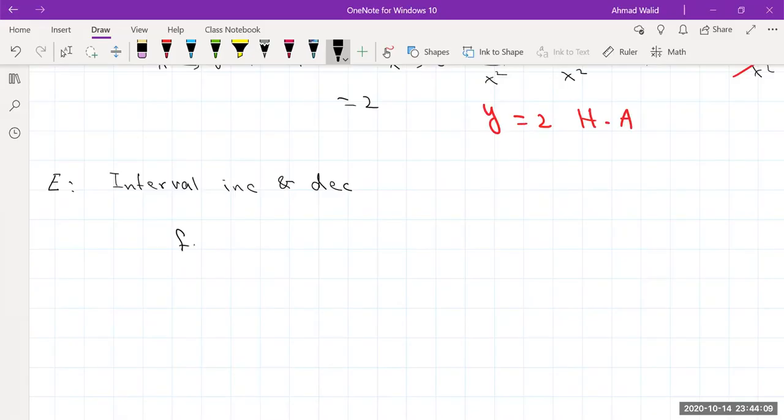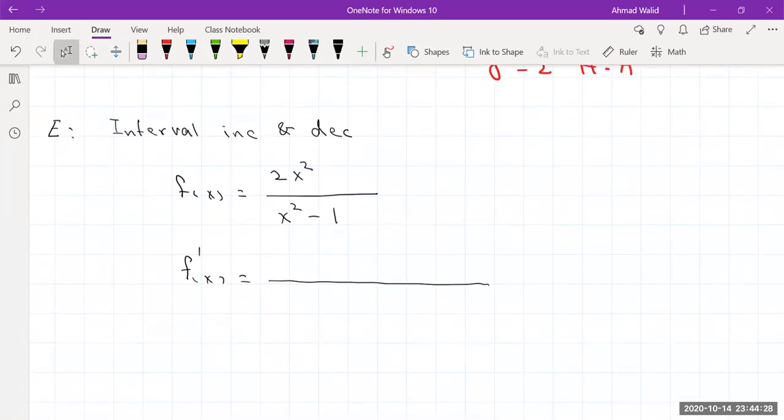Okay, the function is f of x equals 2x squared over x squared minus 1. Let's find first f prime x. Don't start shouting. I know f prime x, here you have to do the quotient rule, right? Let's do the quotient rule.